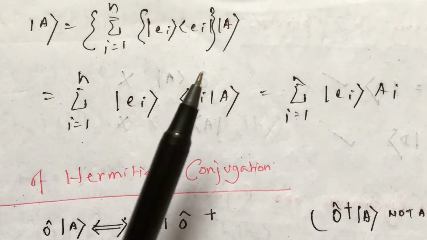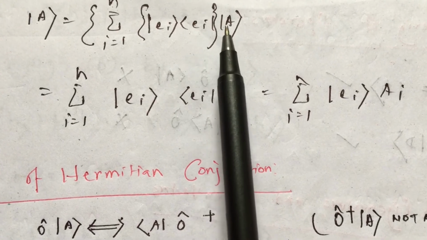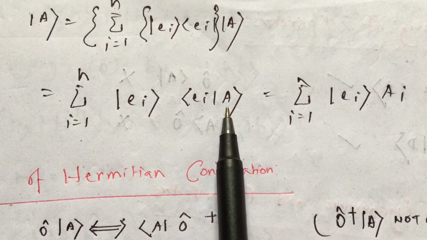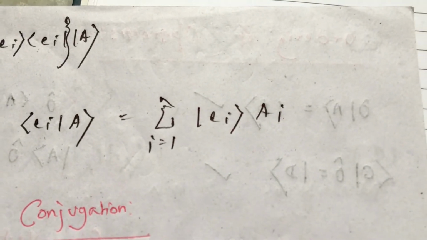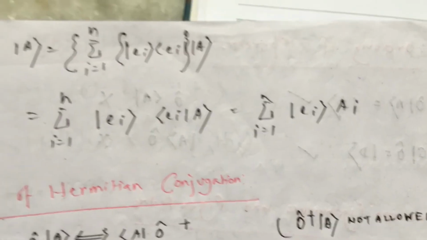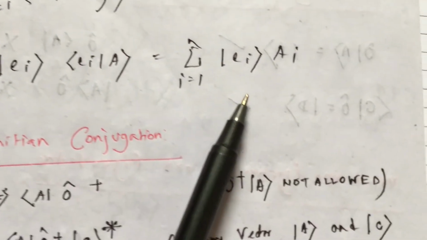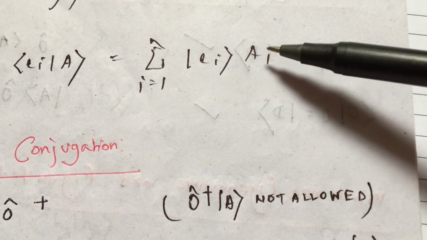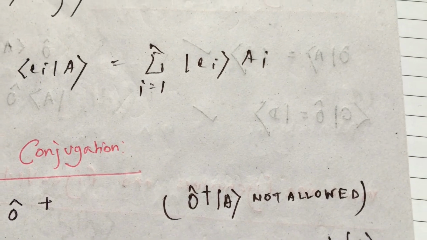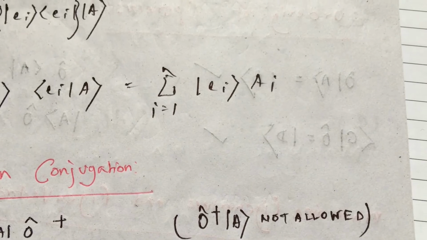Now, if I make the scalar product of EI with the kth vector A, it looks like this, and this scalar product is nothing but the AI component itself. So what I am getting here is the kth A in terms of the basis vectors as a linear combination of the basis vectors and the component of A itself. This is the completeness property of the basis vectors.